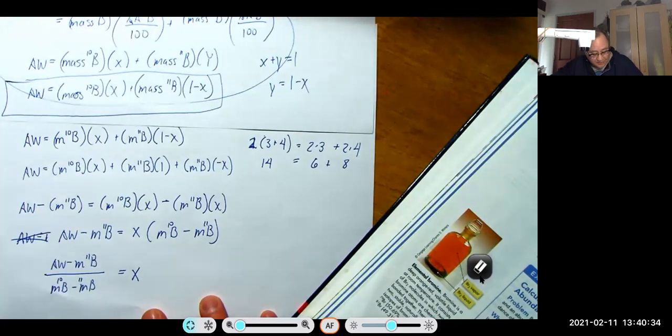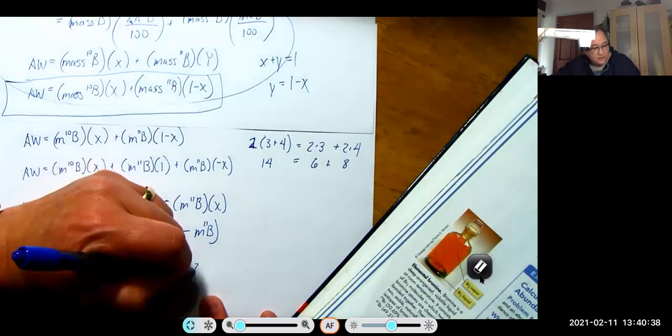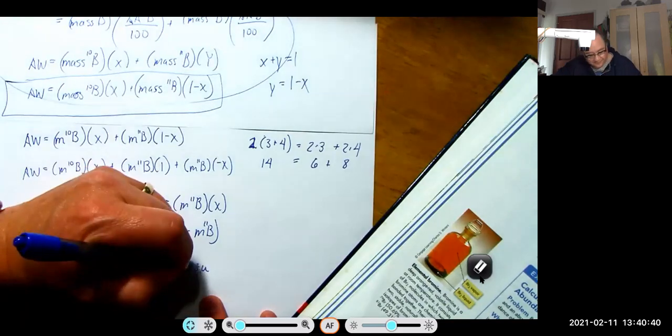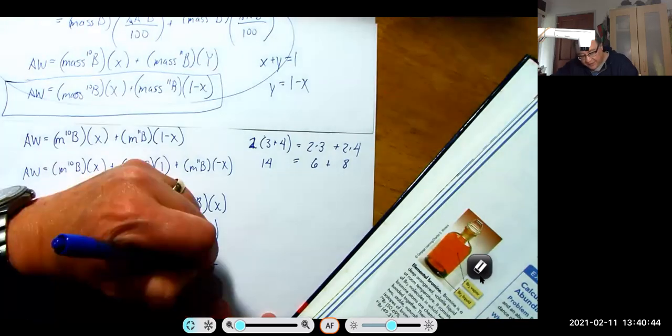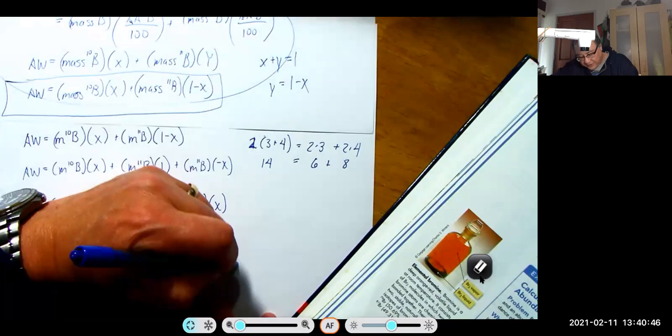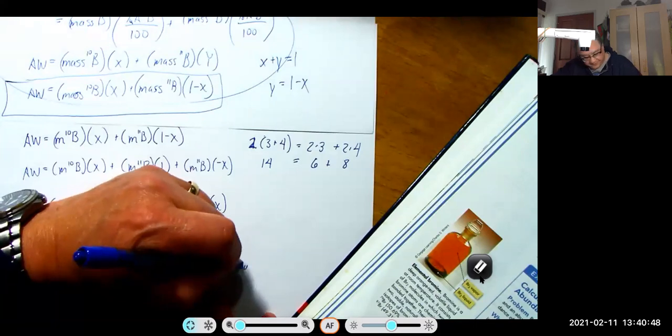So now I just plug numbers in. The atomic weight is 10.81 U. The mass of boron 11 is 11.0 U, excuse me.